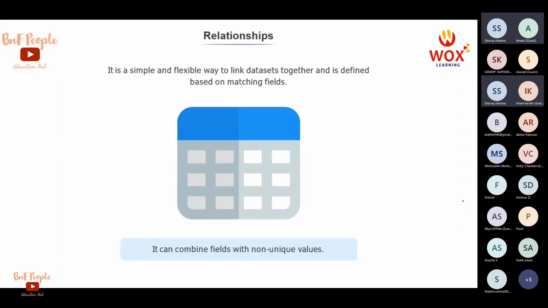There are many types of data sets available in industry, and if you need to combine two tables that are not unique, that do not have any column or attribute with unique values, and you have to analyze or combine that data, then relationships work there.